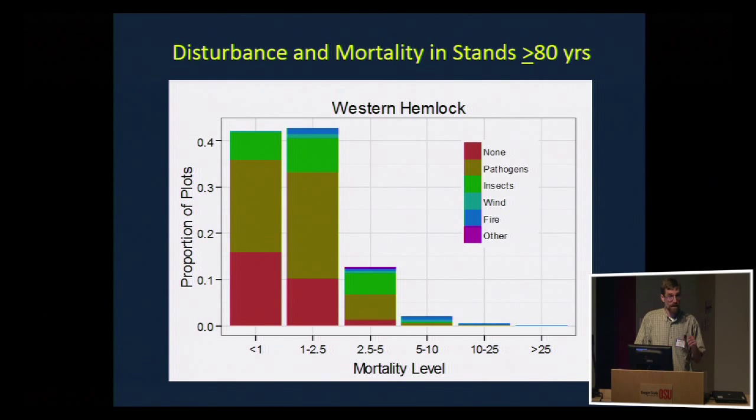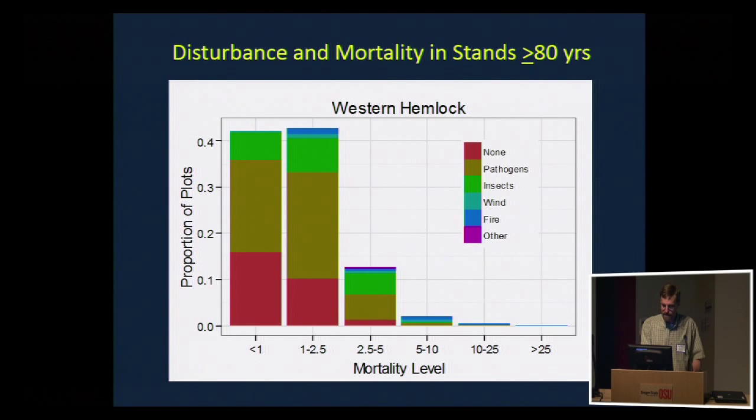In Western hemlock, a lot of that is probably associated with pathogen activity. Less of a role of insects. And then, you know, in the absence of sort of one of these external disturbances, fire, landslide, flood, mortality rates are pretty much limited to less than 5% per year.